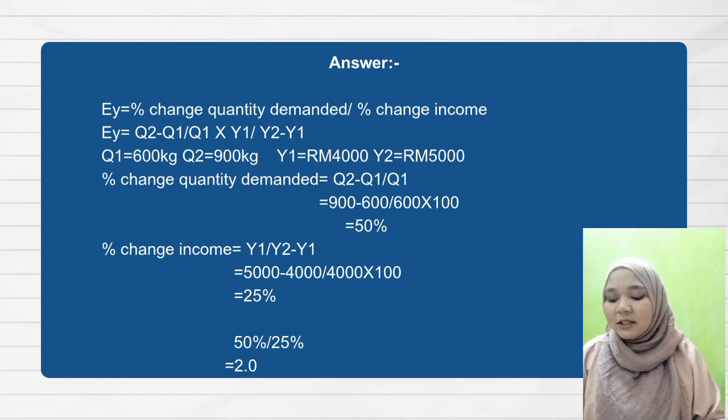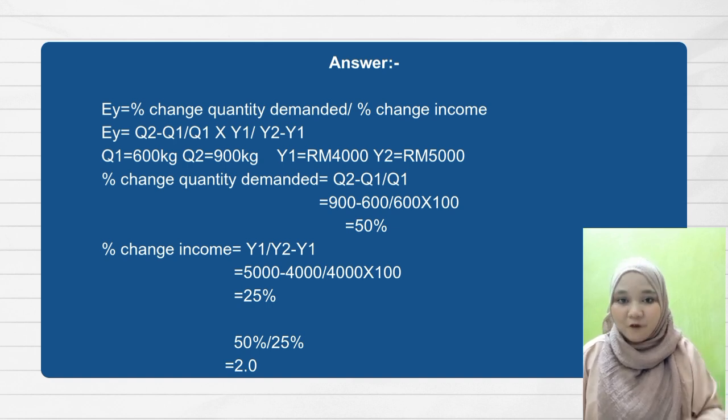Percent change in income equals Y2 minus Y1 per Y1. So we get 5,000 minus 4,000 per 4,000 multiply 100, we get 25%.